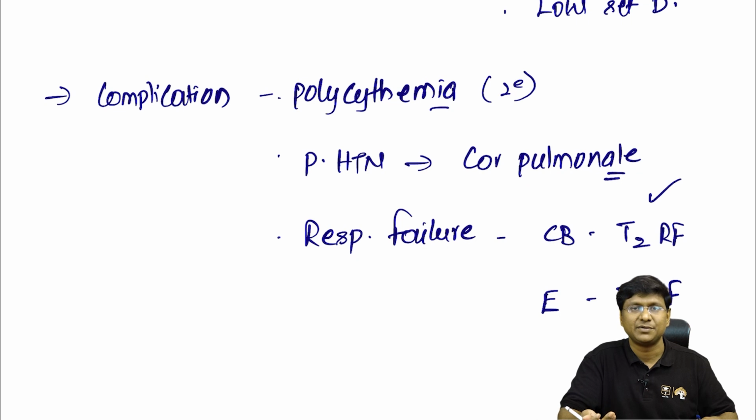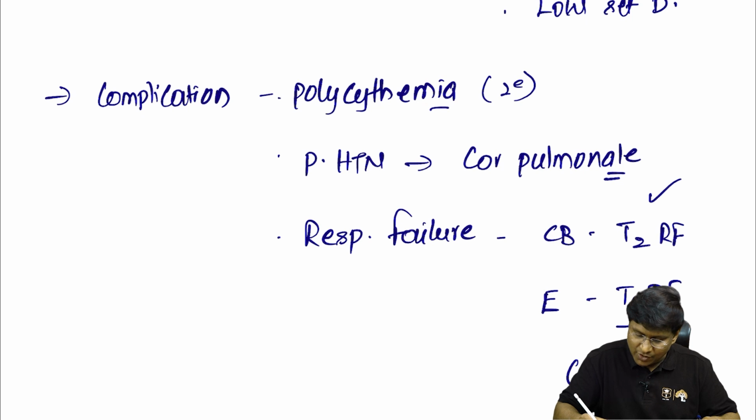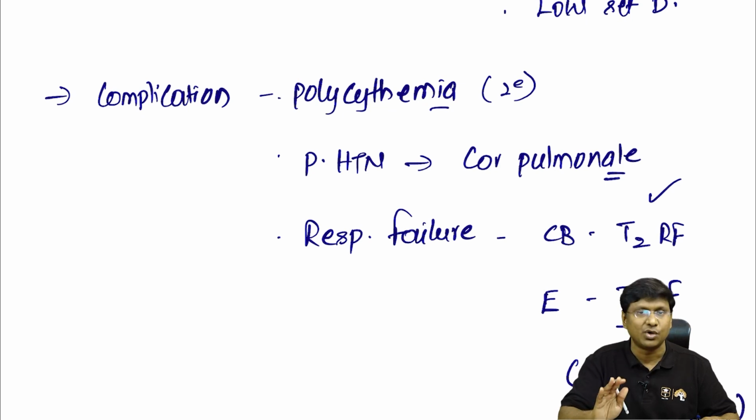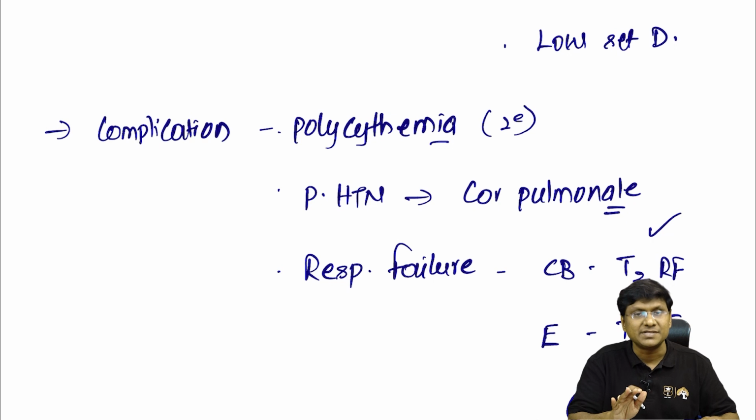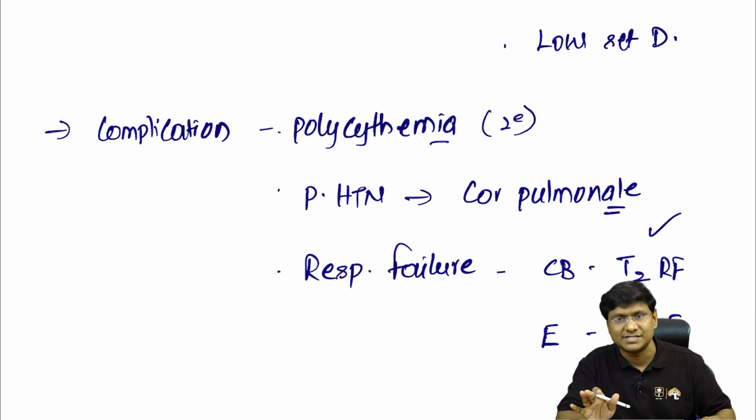Type 2 respiratory failure is where there is hypoxia and hypercapnia. Whereas in emphysema, it is type 1 respiratory failure where you have only hypoxia, whereas the carbon dioxide levels may be normal or decreased. So these are some of the important complications that you come across in patients with COPD, right?